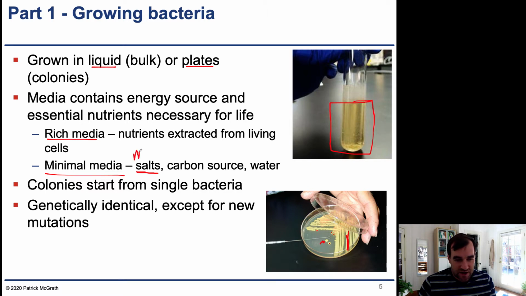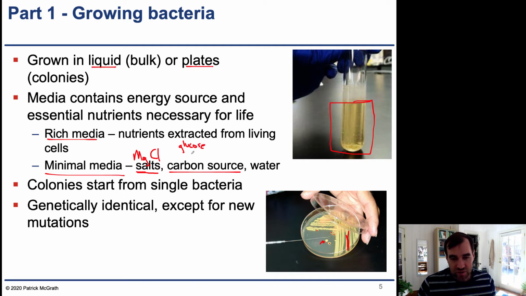Salts contain ions like magnesium, chloride, sulfate, and phosphate, various ions that are essential for life in some regard. All of those ions are supplied in the form of salts. And then there's also a carbon source, which is typically a sugar. Glucose, for example, is both a carbon source and an energy source.